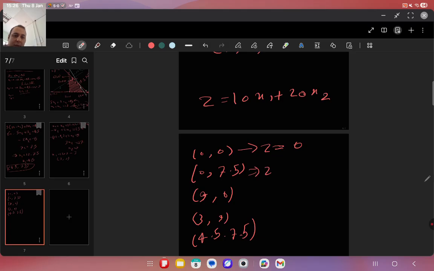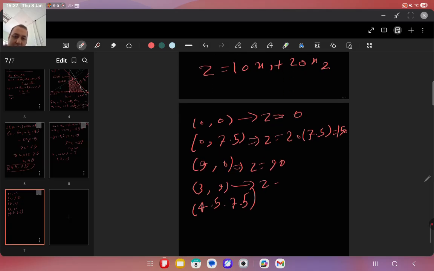For 0 and 7.5 it becomes 20 times 7.5, which is 150. For 9 and 0, z will be 90.